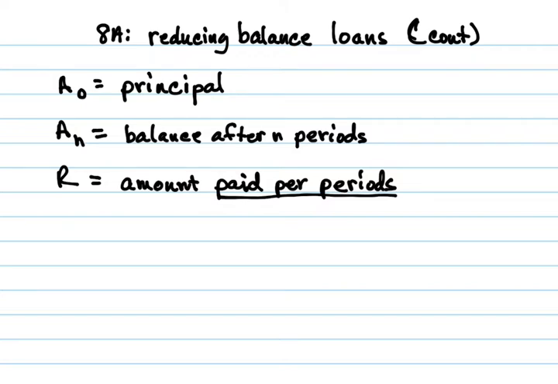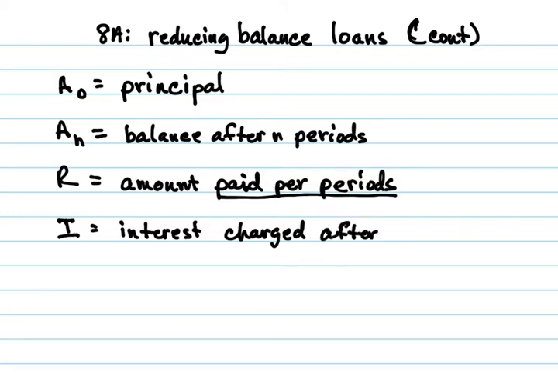Okay? And today, we're also going to be looking for capital I, which is something we've seen before. Capital I simply means the amount of interest charged after n periods.